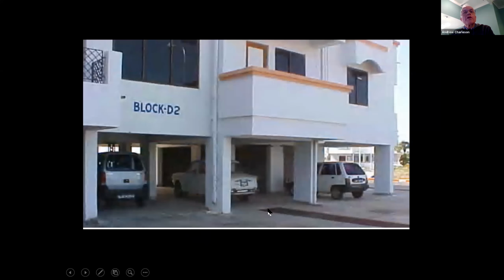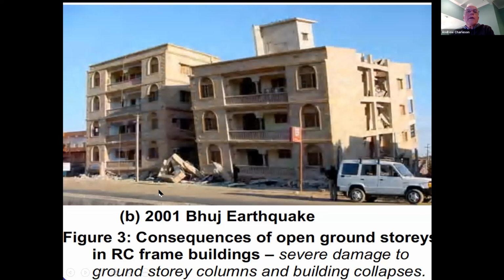Here's a building that will be a soft story. It's open at the ground floor. The beams are very strong because they've got masonry on top of them, and the columns are relatively weak and flexible. Here are two buildings in India that have lost their ground floor in an earthquake.